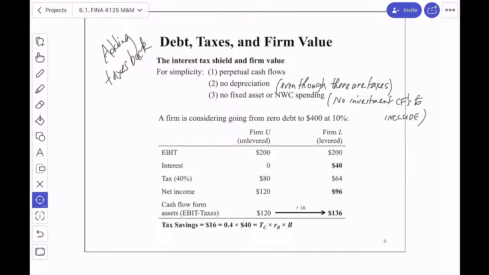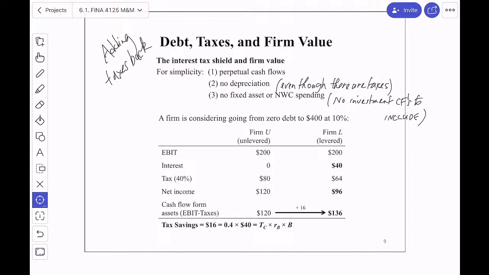So I make up this number. I say these are earnings before interest and taxes, okay? And that's another assumption. Remember, we said cash flows are perpetual. So in any year, we're going to use the same value.